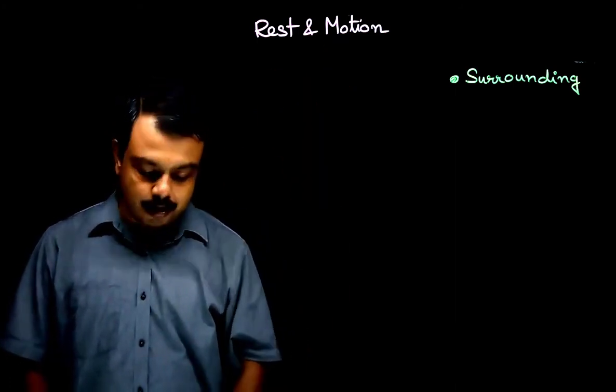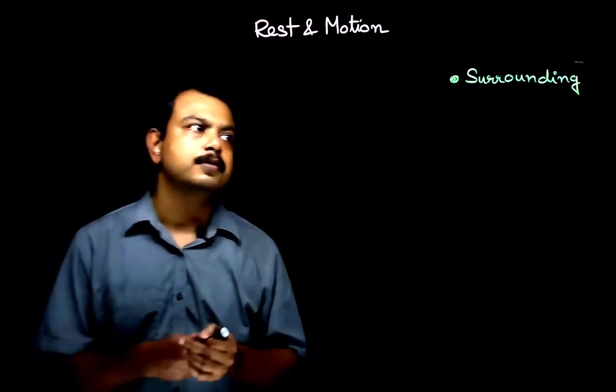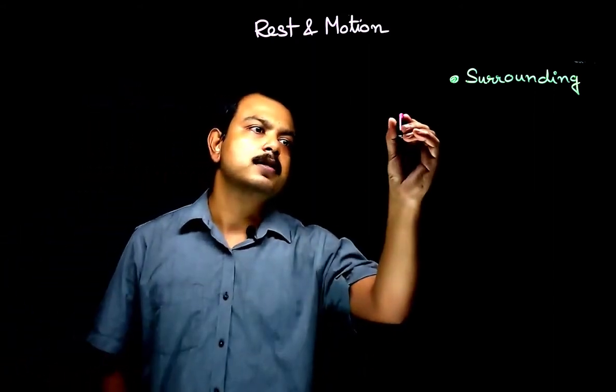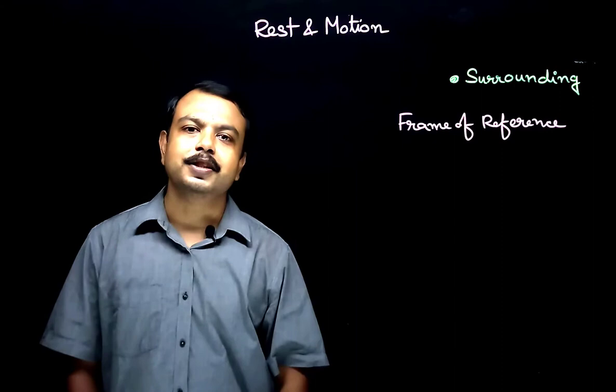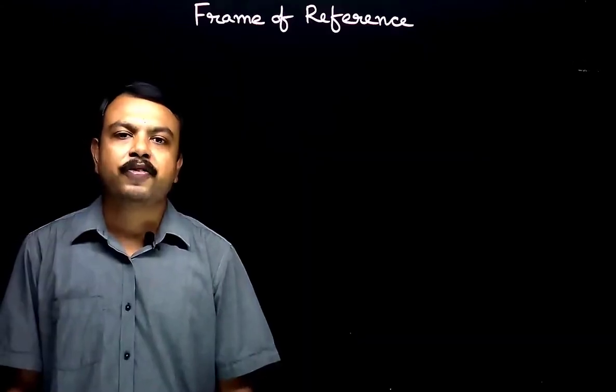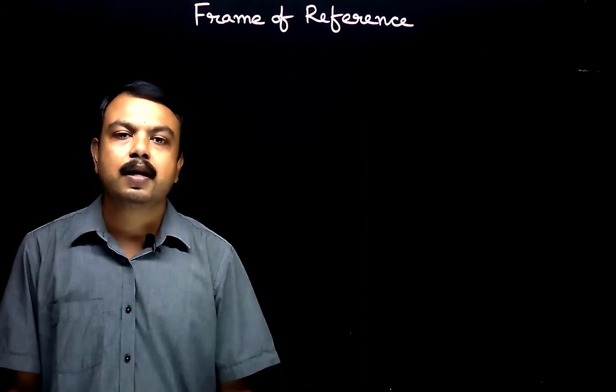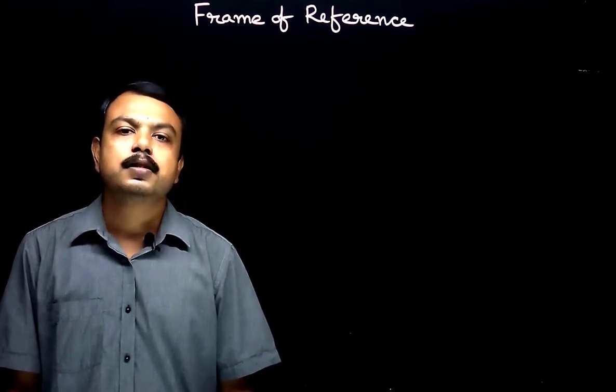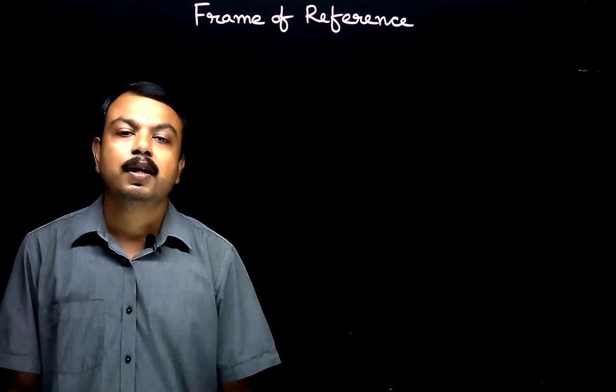This term surrounding also brings the concept of frame of reference to this discussion. A frame of reference is a system of uniquely chosen coordinate axes along with a standard unit of measurement. It helps us to locate the position of a point.